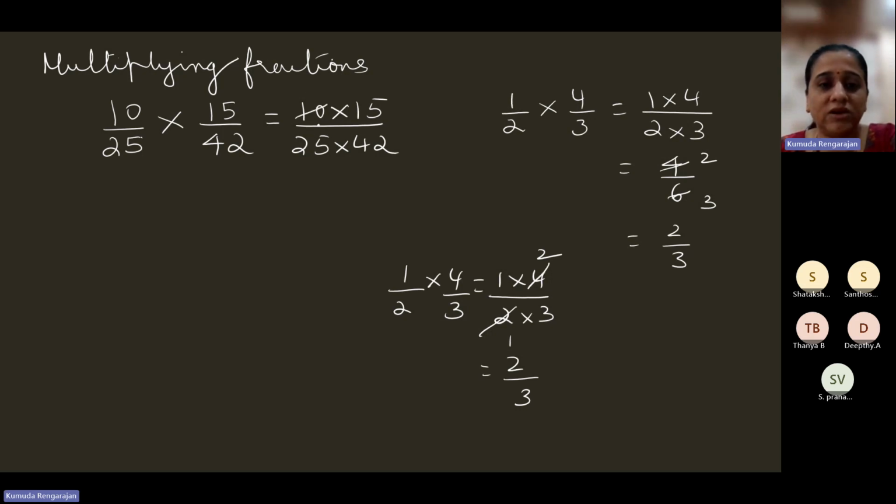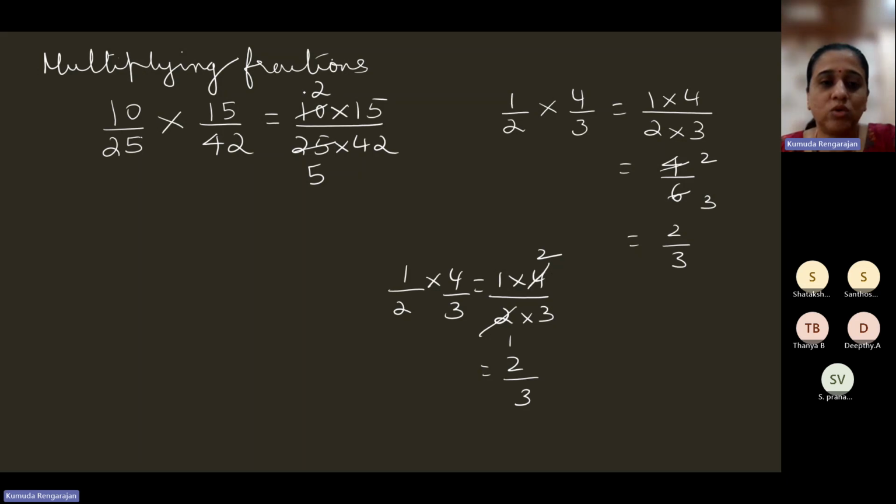So say we take 10 and 25. Both 10 and 25 are divisible by 5. Not that you should take only a prime number. You can use any number. Okay, so 5 2s are 10, 5 5s are 25. Now this is over. Now again, pick a number from the numerator, a number from the denominator.